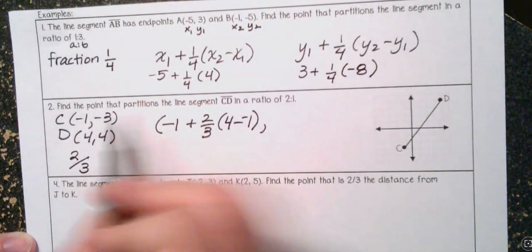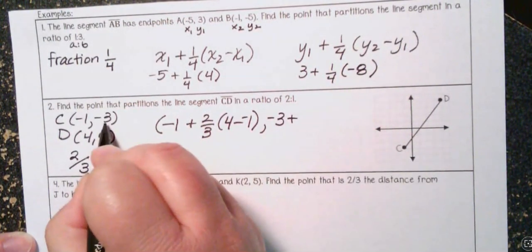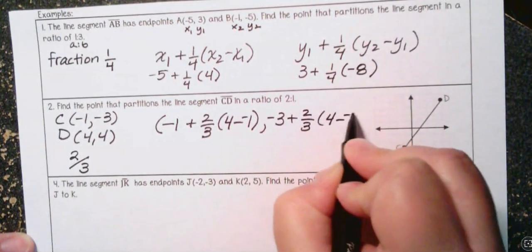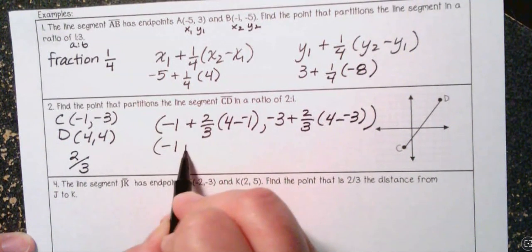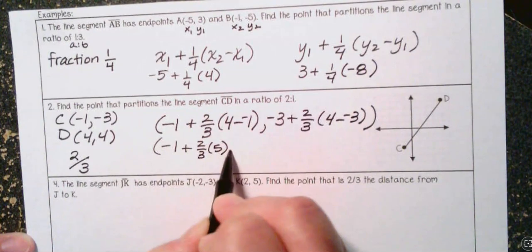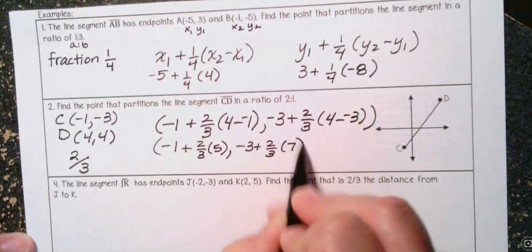So -3 plus 2/3 of 4 minus -3. 4 minus -3. So this is -1 plus 2/3 of 5. And -3 plus 2/3 of 7.